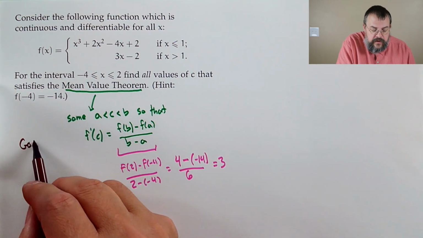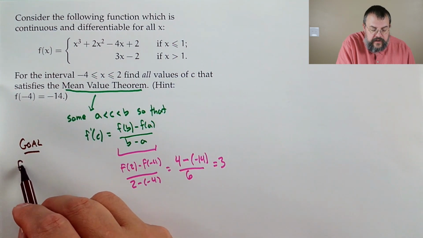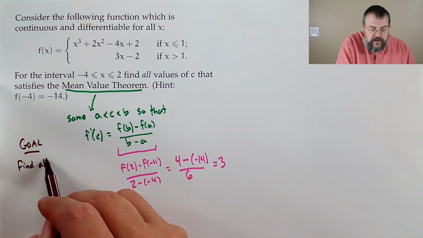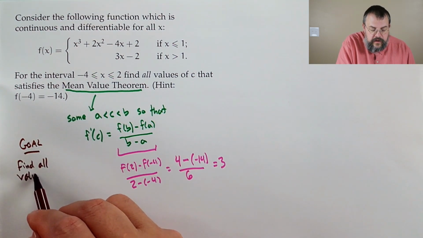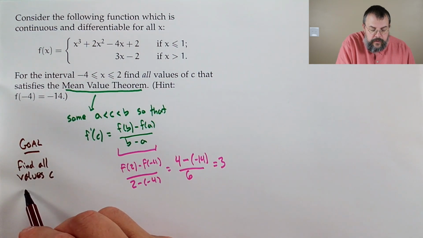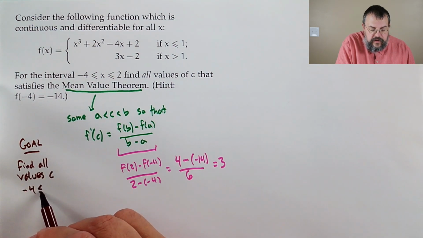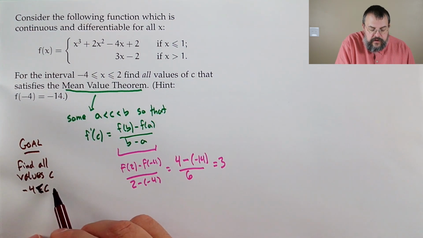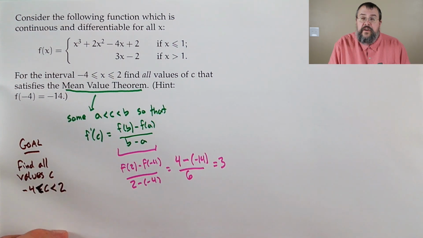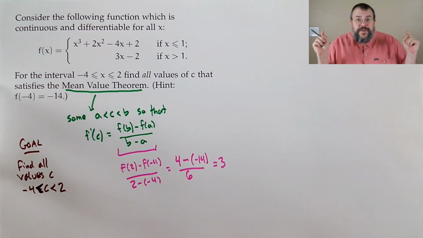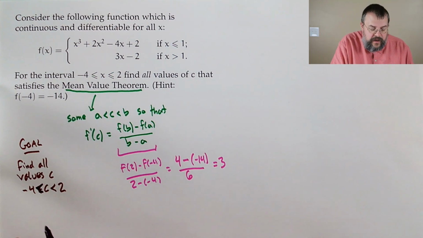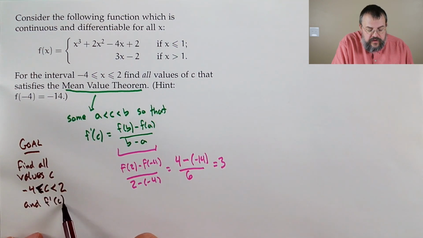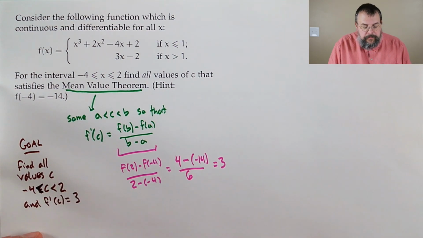Our goal is we're going to find all values c where we have -4 less than c, strictly less than, we don't include our endpoints, less than 2, because the mean value theorem says that we are strictly in between. And our f prime of c is equal to 3.